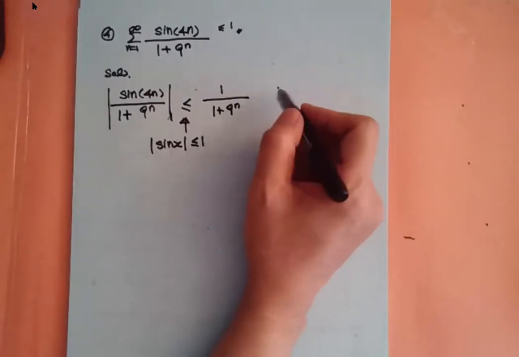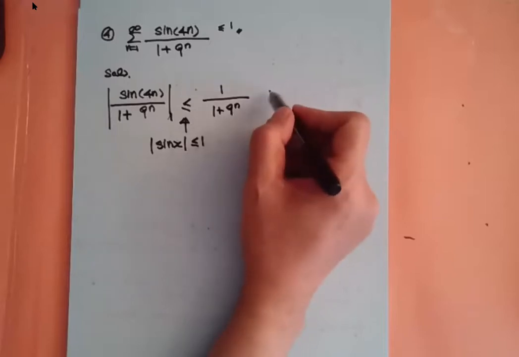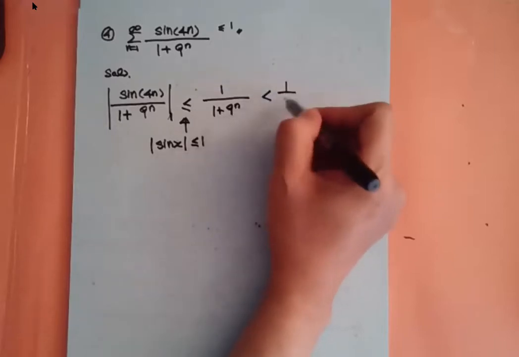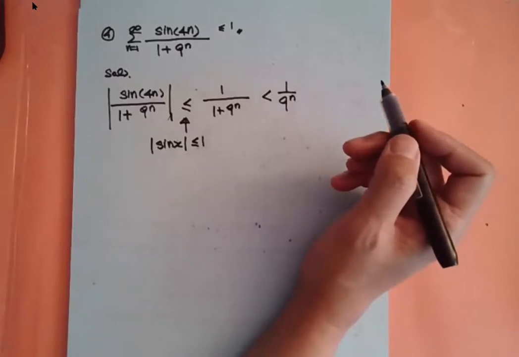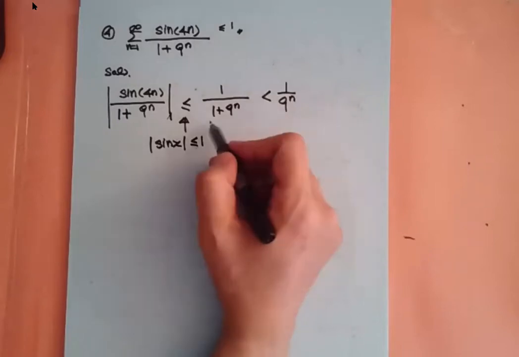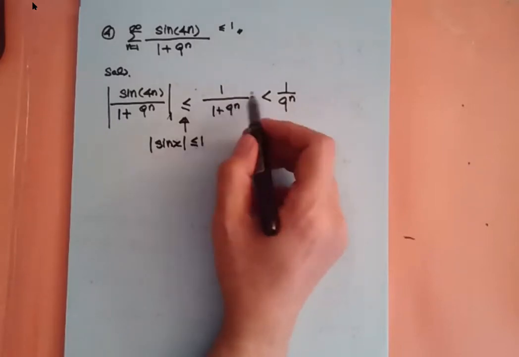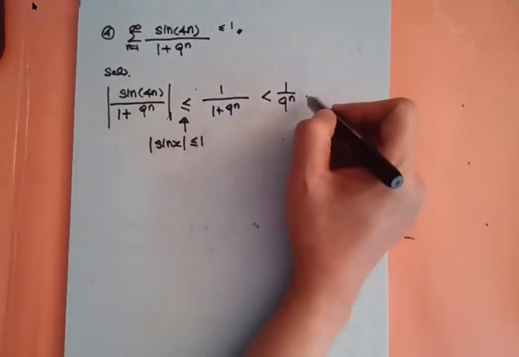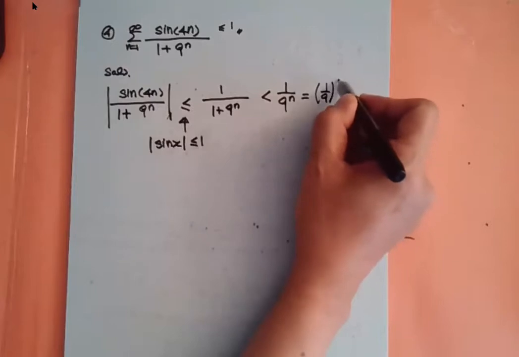Then we can compare with 1 over 9 to the n power, because 1 plus 9 to the n power is larger, and so 1 over something larger is smaller. So this is less than 1 over 9 to the n power.